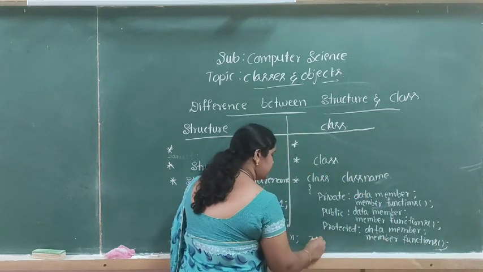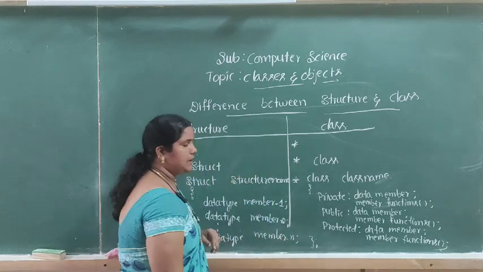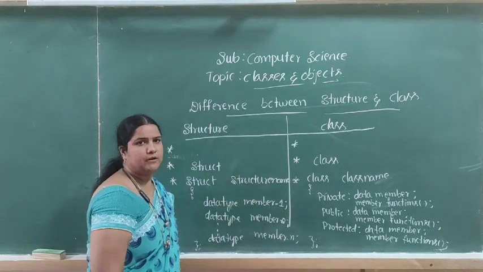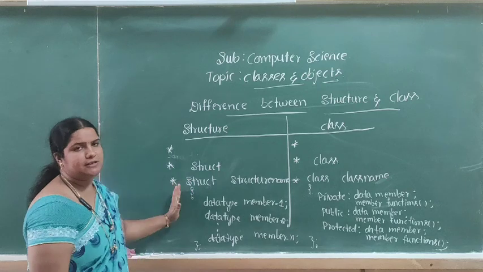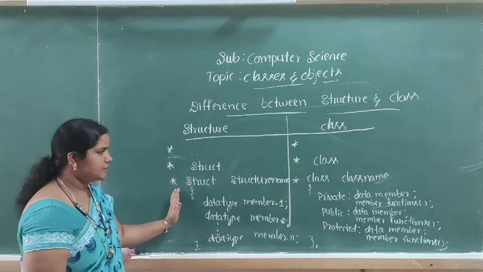And the closing bracket must be terminated with a semicolon. So this is the general format for a class declaration and this is the general format for a structure declaration.